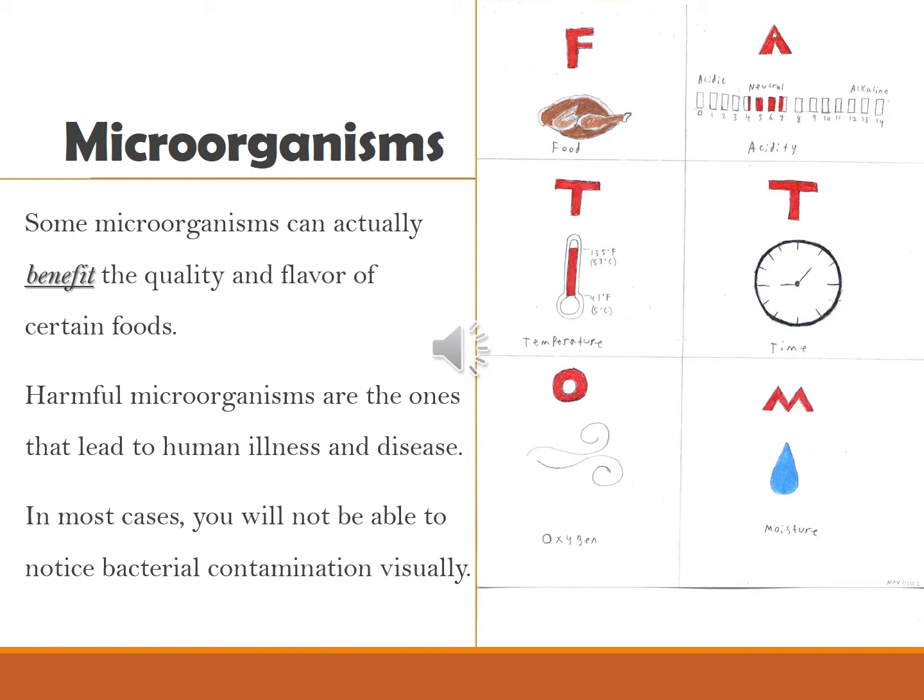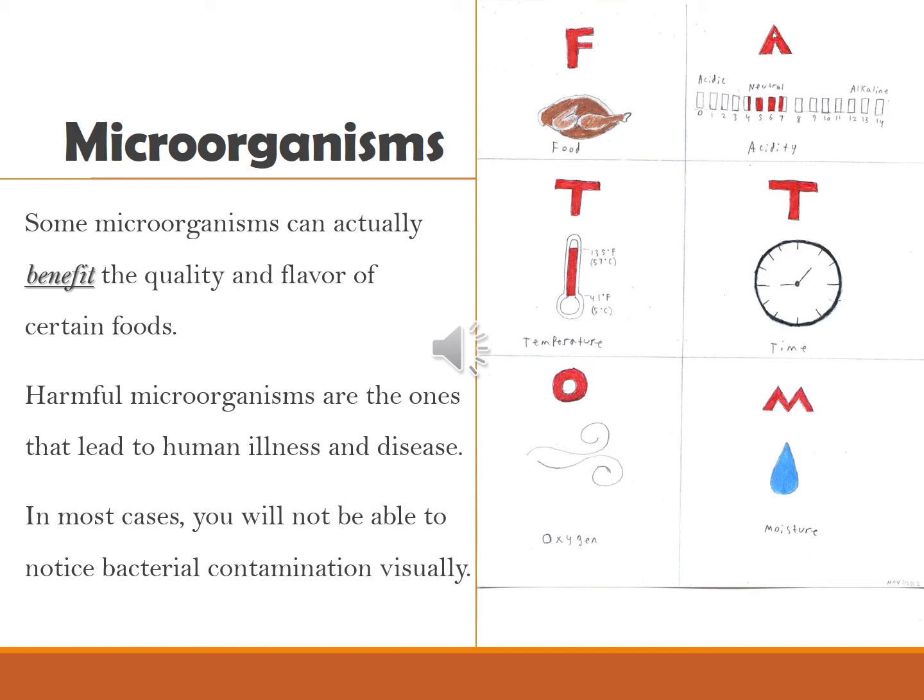The first two are obvious: food and the right acidity. There is no organism that can survive without these two things. The next four are pretty obvious, but this is largely what we will pay attention to when controlling conditions to prevent spoilage and contamination. So pay very close attention to these.